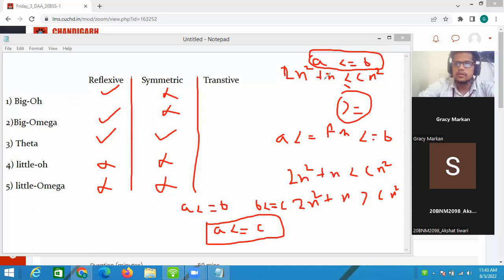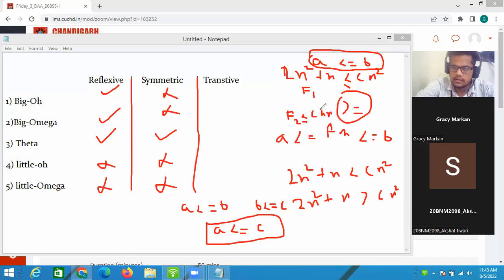Suppose we have one condition, this is f1, and in the same way we have another, f2, that is less than or equal to c of h(n).